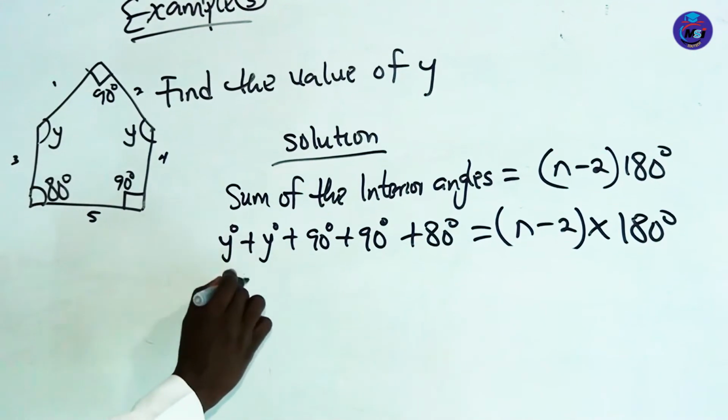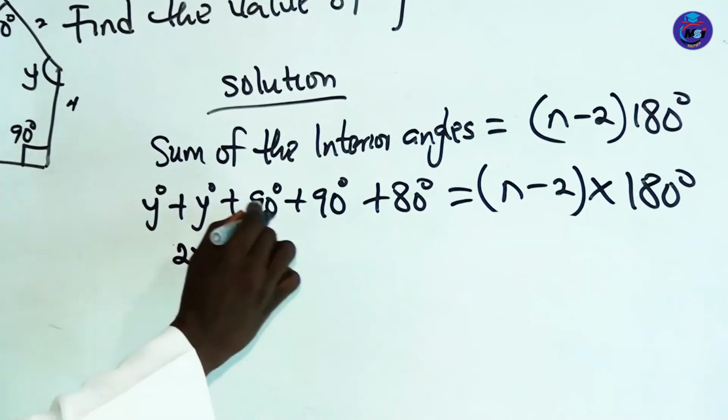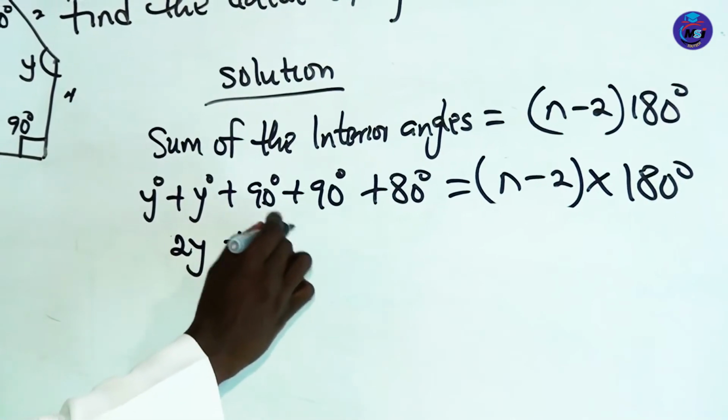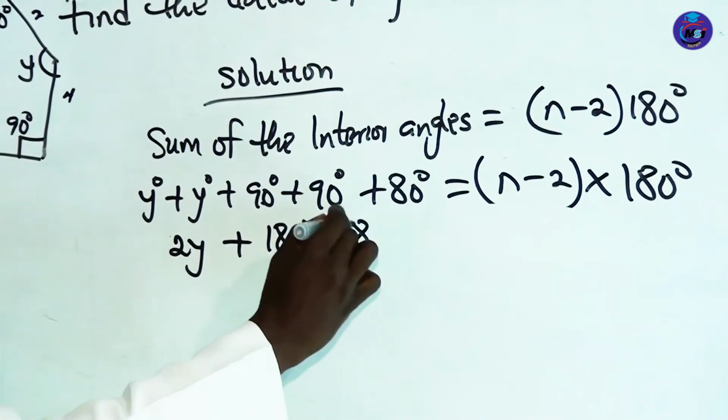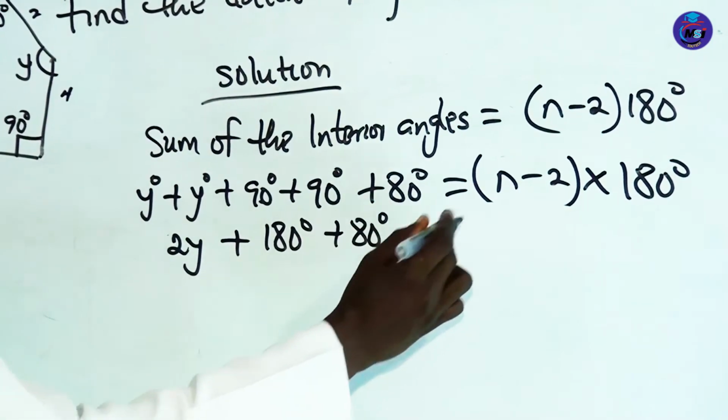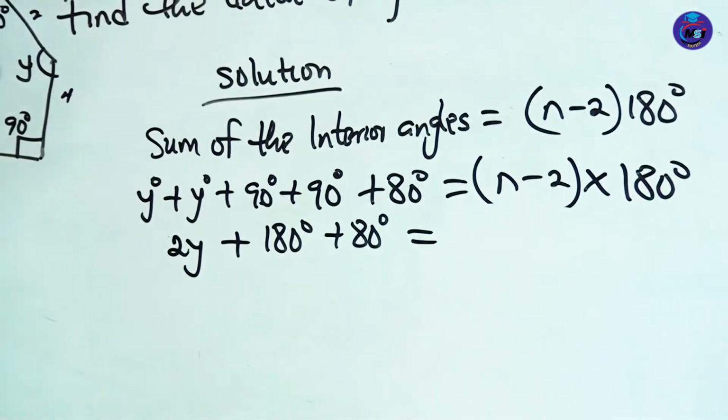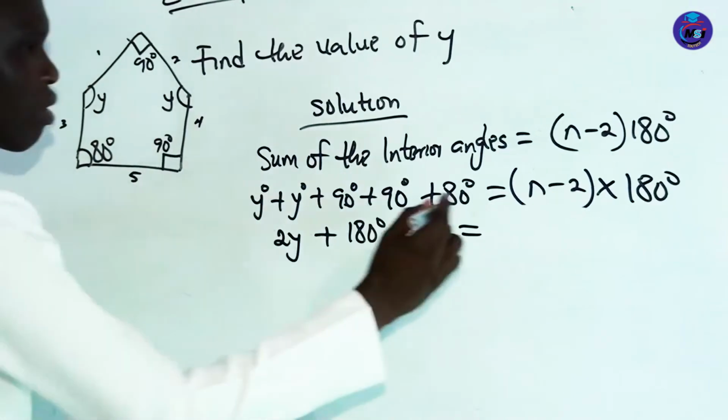So this will give us 2y. 90 plus 90 will give us 180, plus 80, equals, n is 5: 1, 2, 3, 4, 5.